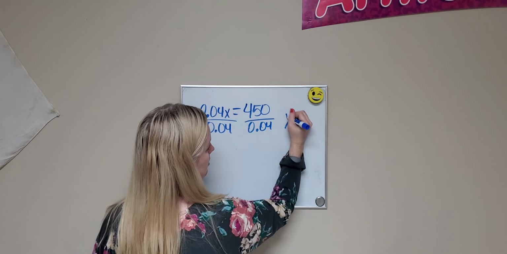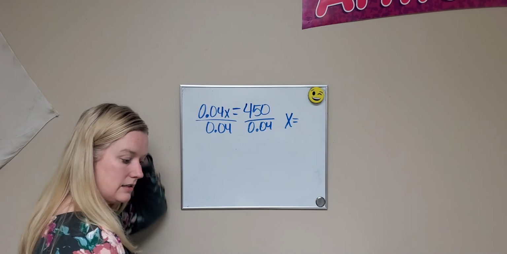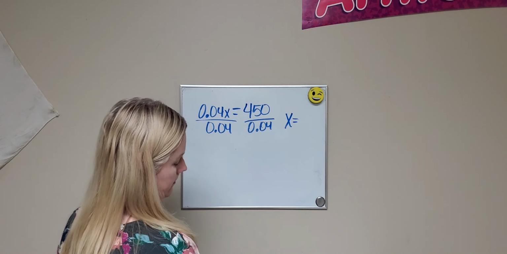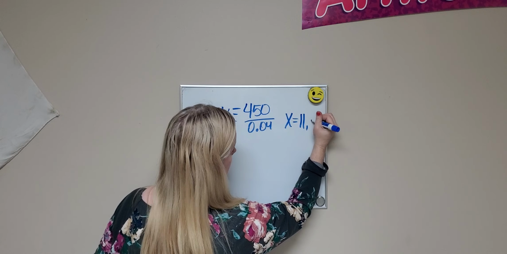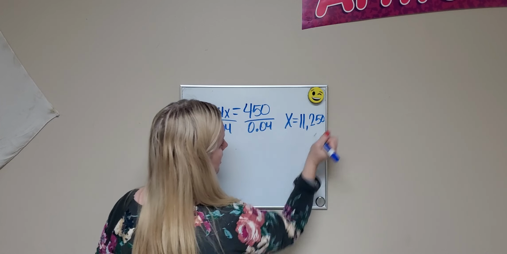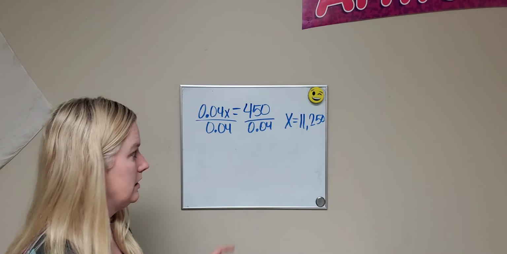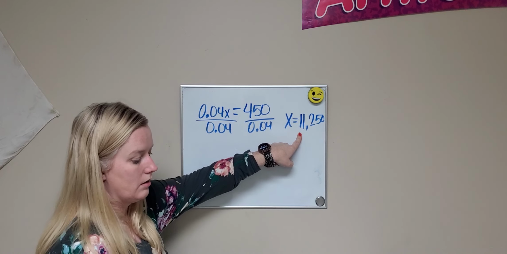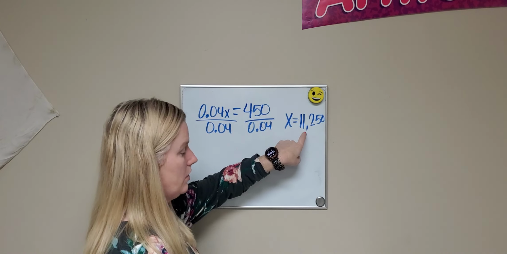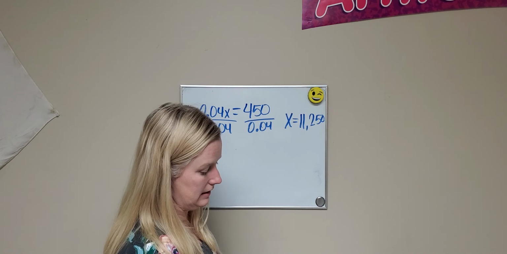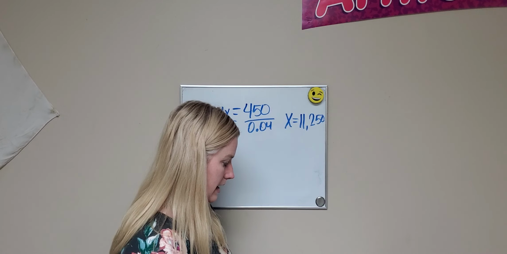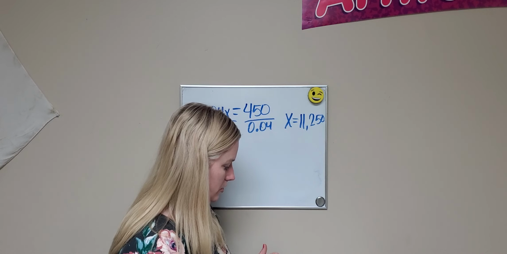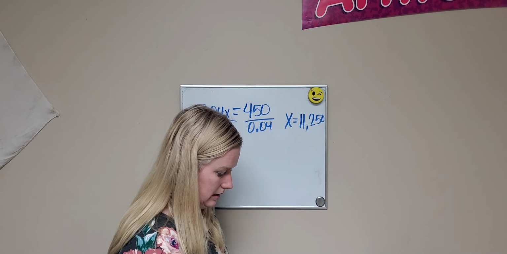When you do that, you should get that x is equal to 11,250. That was the original price of the property before it depreciated by 4% every year. So decreased by $450.